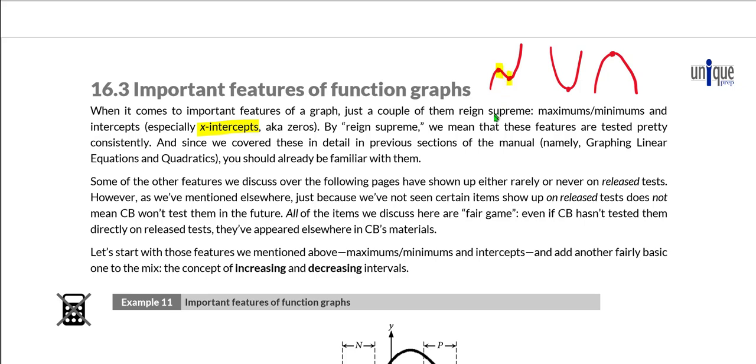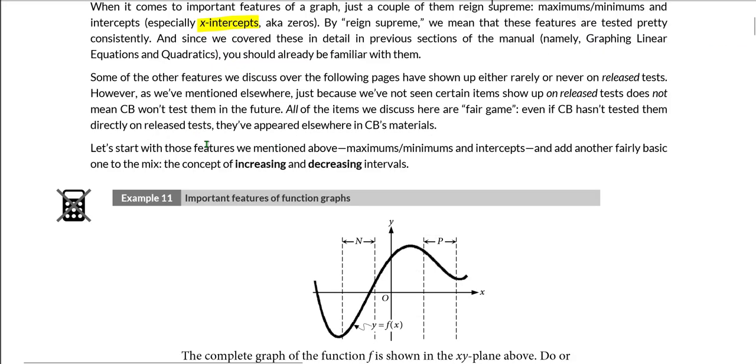We have not seen those show up on any official released SATs. That doesn't mean that they will never show up. We have seen those graph features in some of College Board's official materials, just not on official released tests. So just because we haven't seen any questions regarding those particular features show up on released tests doesn't mean we won't in the future.